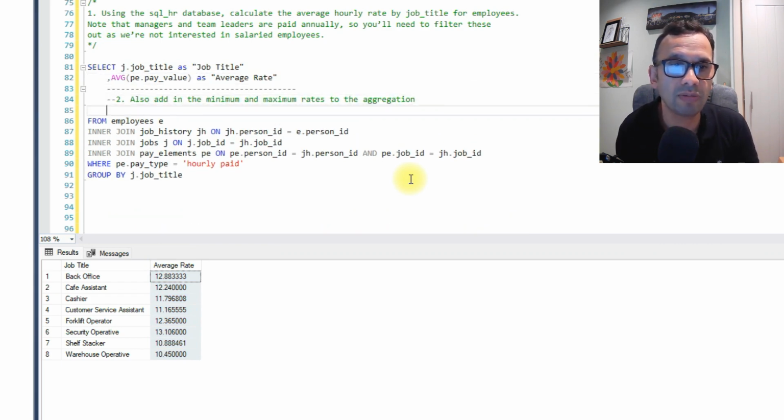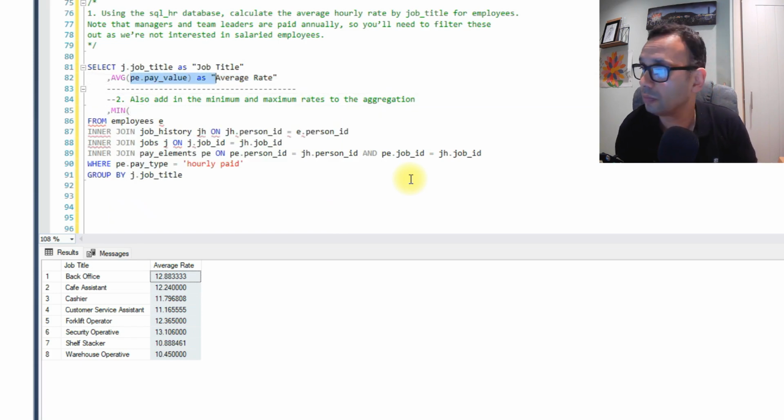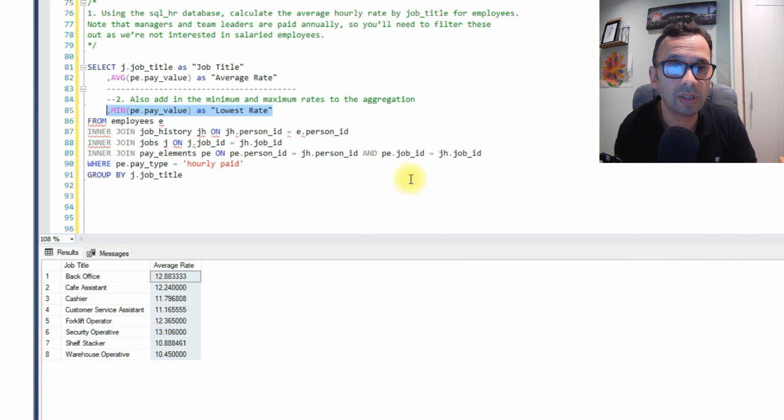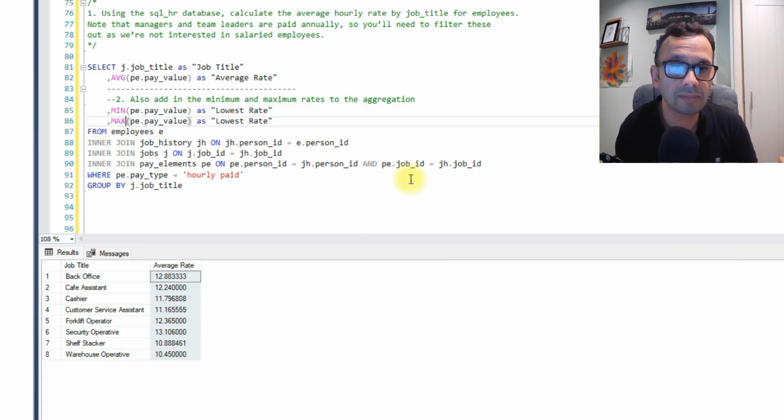So minimum and maximum rates, well, we'll just take this. No, we won't. We'll say min, copy that, field value, lowest rate, as rate, and then we'll copy that, max, highest rate.